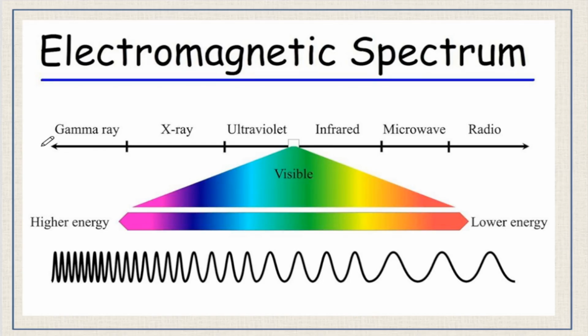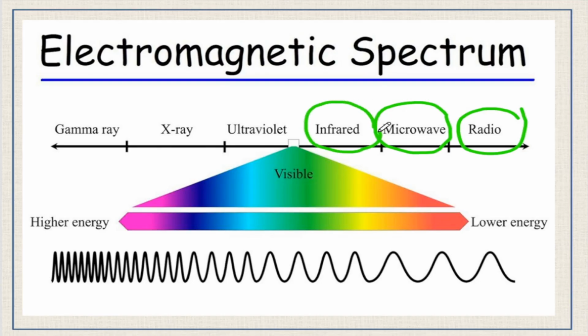There are different types of electromagnetic radiations. These radiations are arranged in decreasing order of energy. Radio wave is used in NMR spectroscopy. Microwave radiation is used in rotational spectroscopy.